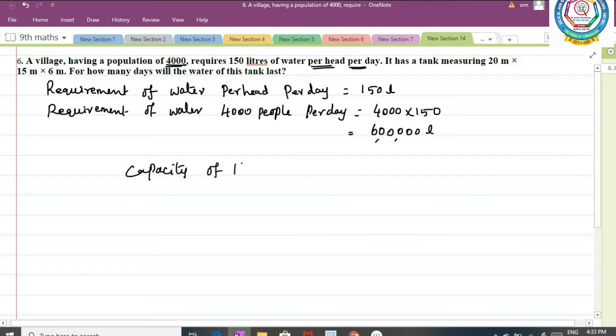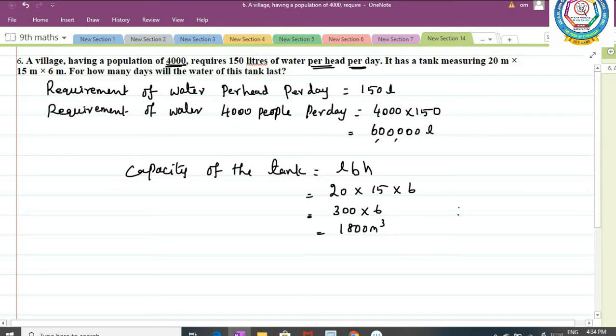Capacity of the tank equals length into breadth into height, that is 20 meter into 15 meter into 6 meter. 20 into 15 is 300, 300 into 6 is 1800 meter cube. But the requirement of 4,000 people, 6 lakh liter, is in liters, and this is given in meter cube. Capacity means you can convert it into liter.